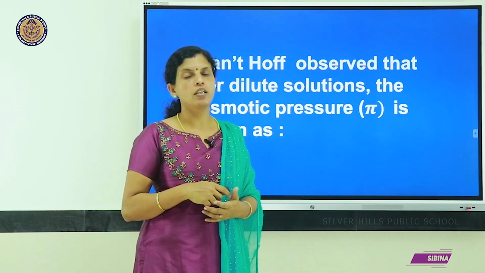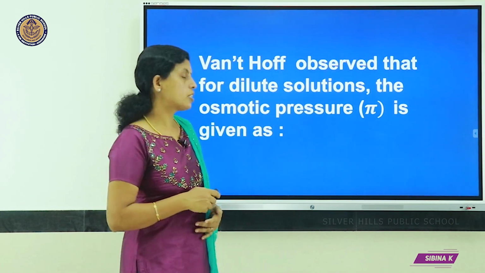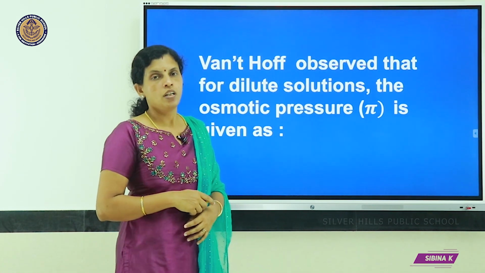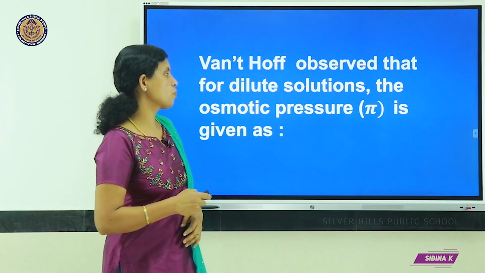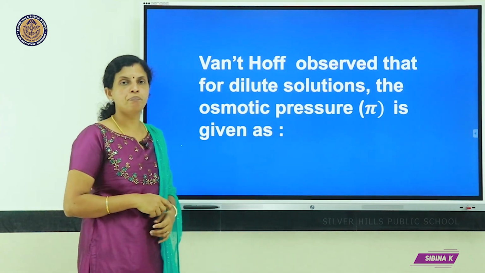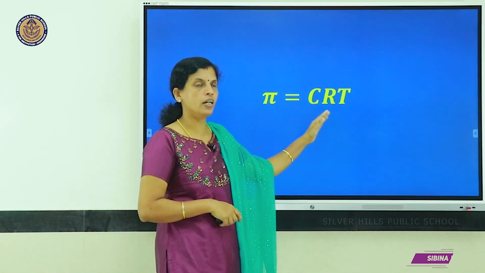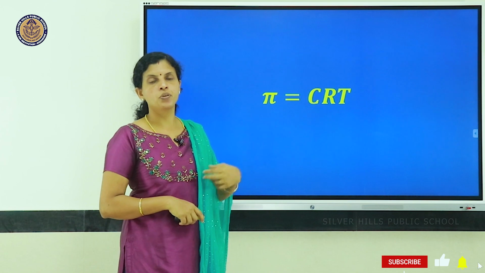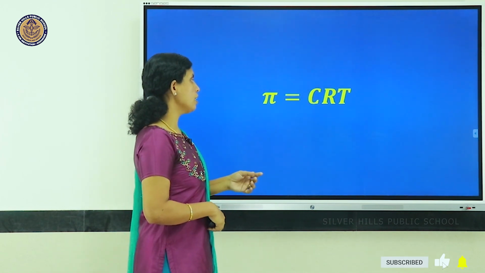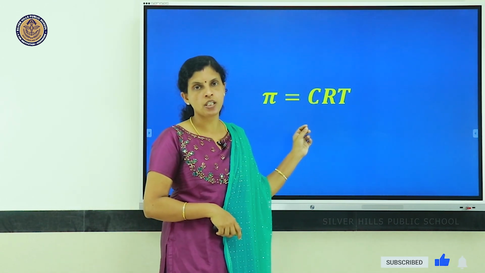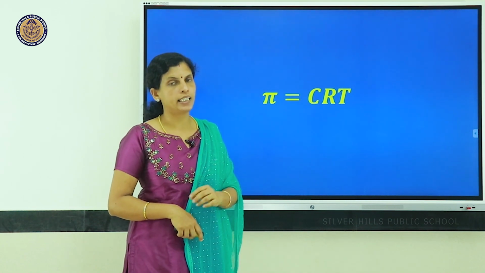In order to determine osmotic pressure, a scientist called Van't Hoff observed that for a dilute solution, osmotic pressure pi is given as pi equal to CRT. Pi stands for osmotic pressure. C is the concentration of solution, expressed in molarity.